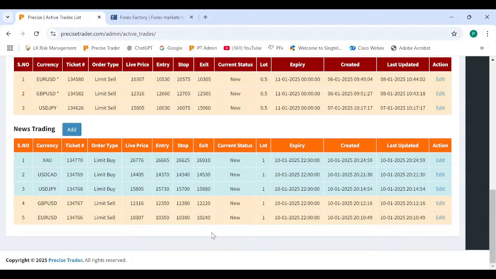Then next, we have the pound. The market is trading at 12316. We are expecting to sell at 12350, with 12380 as a stop, and 12220.